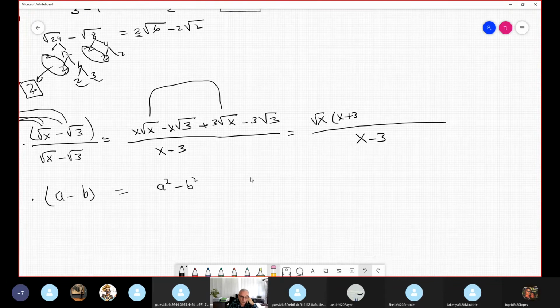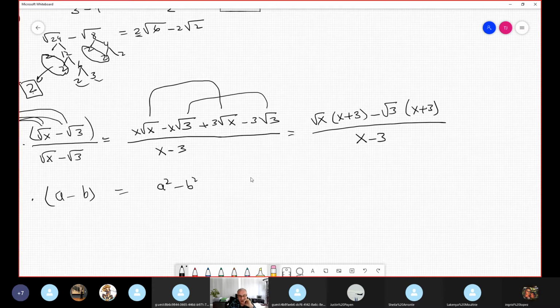We can combine more, yeah, of course, because we have another radical. This is radical 3, and minus radical 3 is like a common factor, a great common factor. And we have x plus 3, no? X plus 3. And leave it like that.